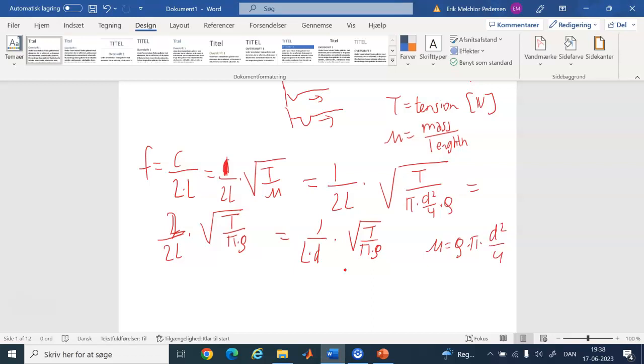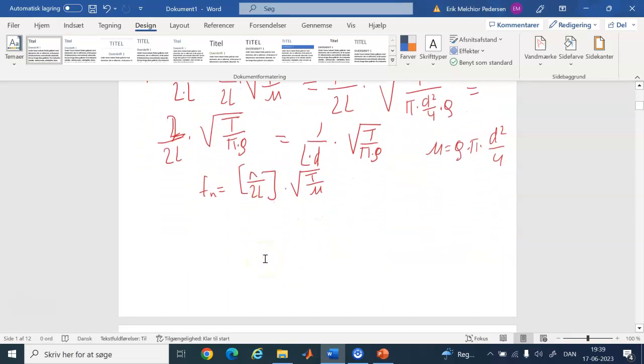And the acoustics of a string: as I told you, an open cylinder is like a string fixed at both ends.